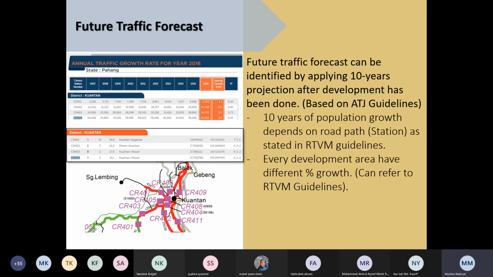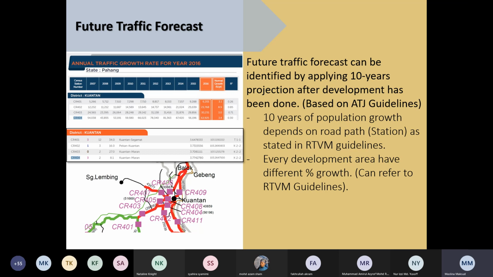So for TIA, we will use a 10 years projection, and this one we can refer to the Arahan Teknik Jalan part 9. The population growth actually depends on the route path that we use, which we call the station. It's stated in the RTBM guidelines, so we can refer to the RTBM guidelines.